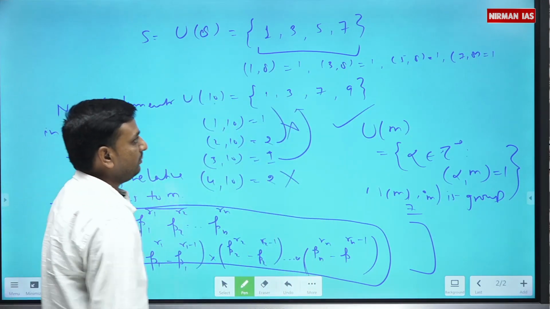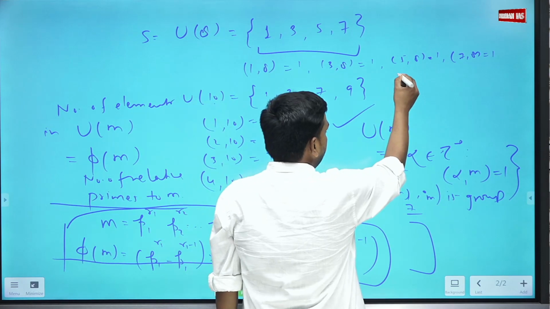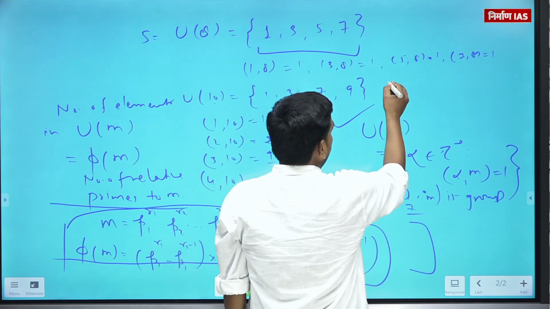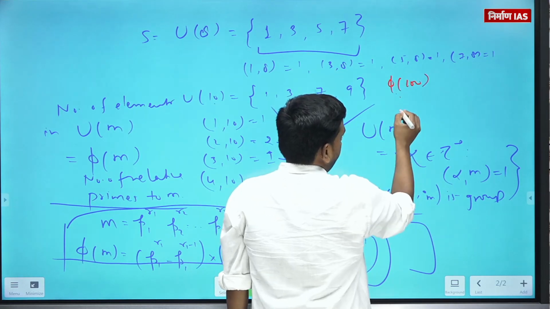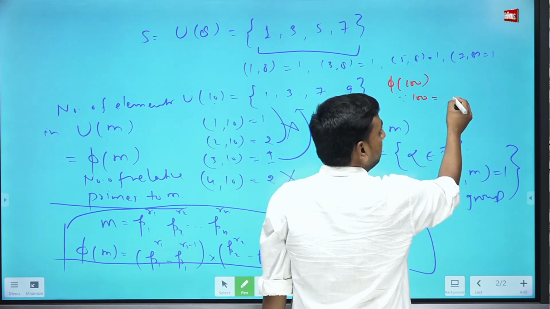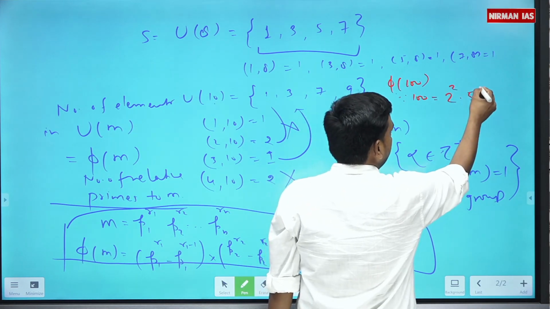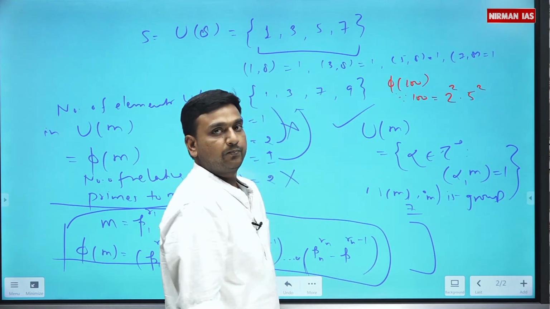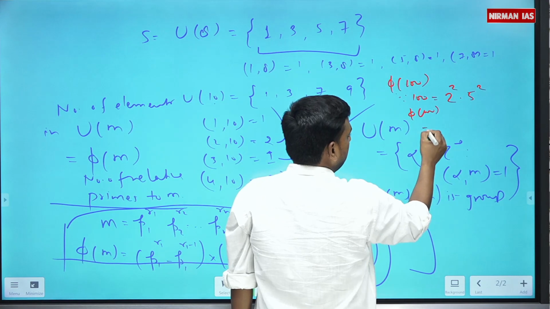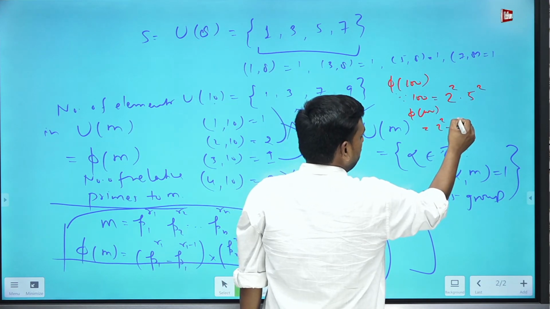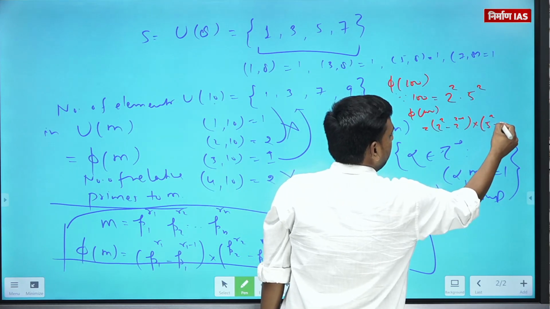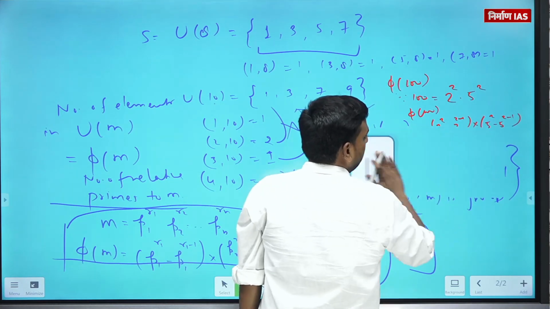If you want some example, let's say, let me tell you one. If you want to know what is φ(500), since 500 you can factorize as 2 squared into 5 cubed, prime factorization. So φ(500) will be 2 squared minus 2 to the power 2 minus 1, multiplied by 5 cubed minus 5 to the power 3 minus 1.